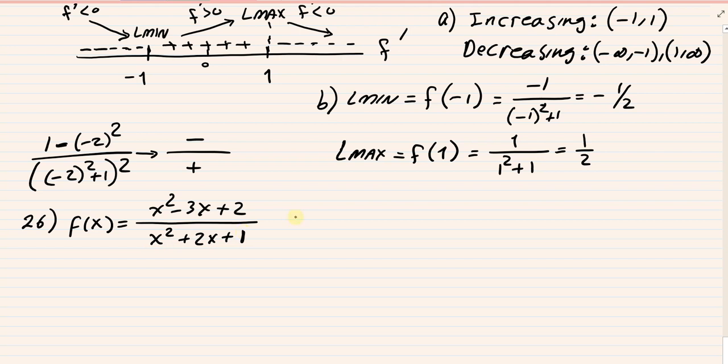Let's find f prime of x, our derivative. Now let's see if this is factorable. These may be factorable. x squared plus 2x plus 1, that is x plus 1 squared. The numerator is x minus 2 times x minus 1, isn't it?